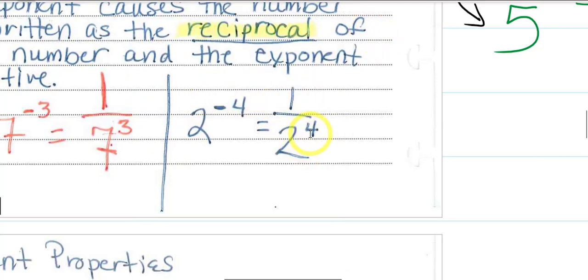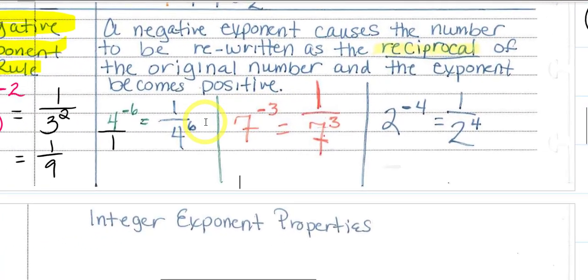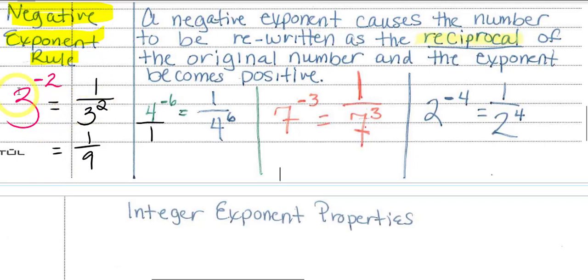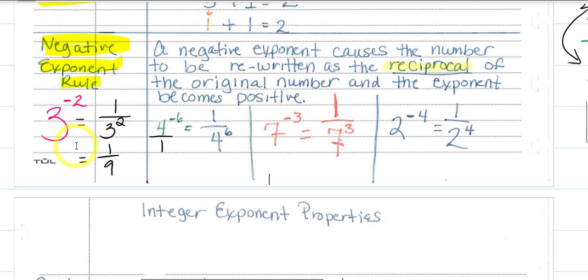When you write it in the denominator position, when you flip the position or write the reciprocal, you change the negative exponent to a positive exponent. Okay, so take a good look at those 4 examples, and you'll see that we have gotten rid of the negative exponents by rewriting the fraction as the reciprocal, and that turns the exponent to a positive number.